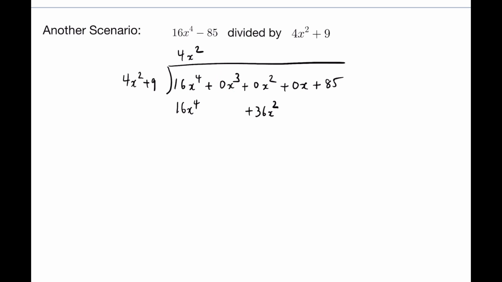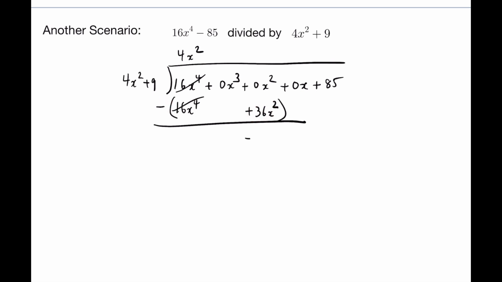As we did in the last example, we're going to subtract this entire thing in parentheses. And now we have 16x to the fourth minus 16x to the fourth, which is 0, and those cancel out. We don't need to do anything with this, and so what we have is 0 minus positive 36x squared.